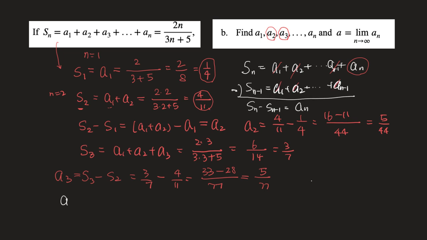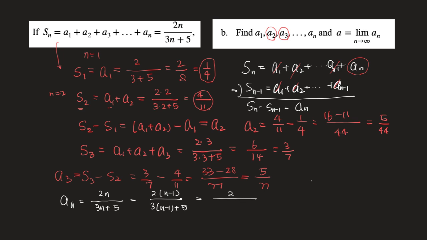So let's find an. Here, Sn is 2n over 3n plus 5 minus Sn minus 1. You plug in n minus 1 for n: 2 times n minus 1 over 3 times n minus 1 plus 5.